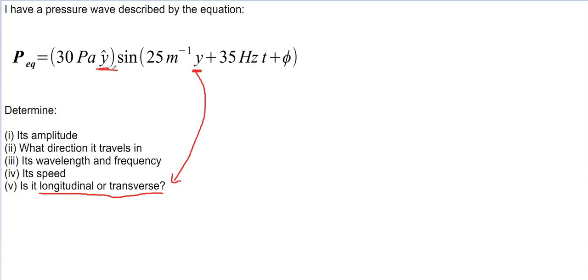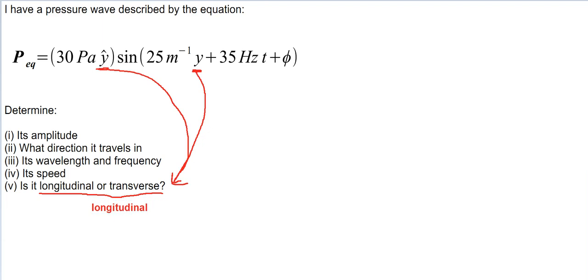So if you take a look at these two things, you'll notice they're both along the y-axis. And what that means is we are vibrating in the y direction, or along the y-axis, and we're traveling along the y-axis. Because these two are the same, this tells us that our wave is longitudinal. If they were different, we would have a transverse wave.